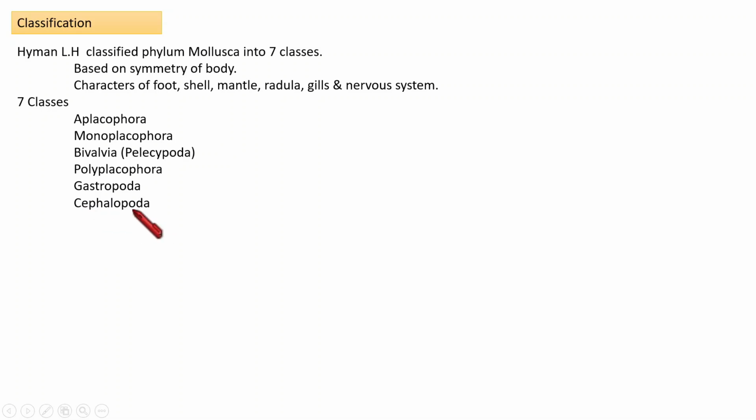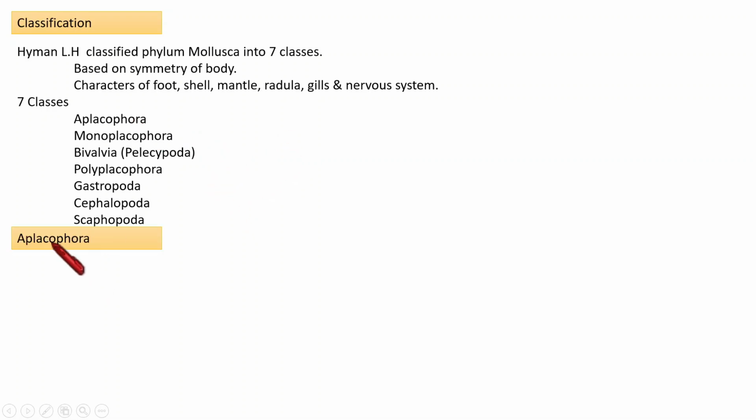I mentioned Cephalopoda somewhere earlier in this video, in some former slide, regarding the circulatory system: generally open, and the exception is Cephalopoda. Anyhow, the last class is Scaphopoda. So these are the 7 classes, and we are going to learn about each class, its features, and at least one example of each.